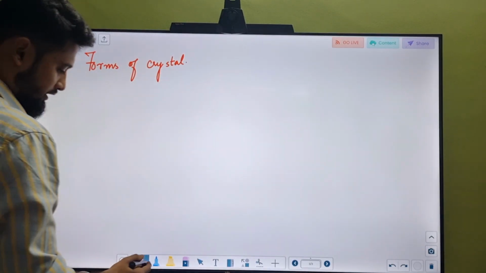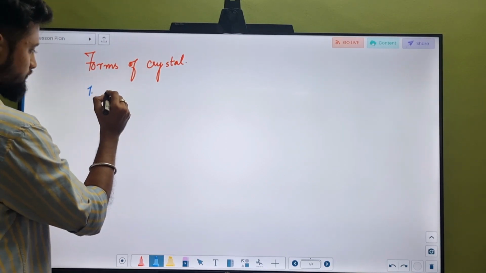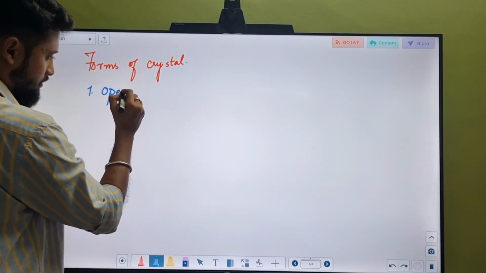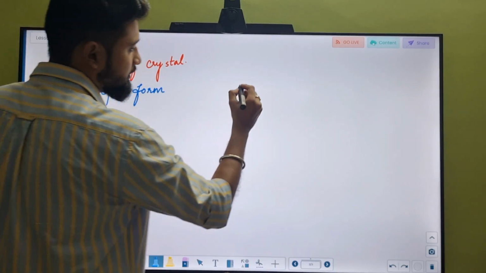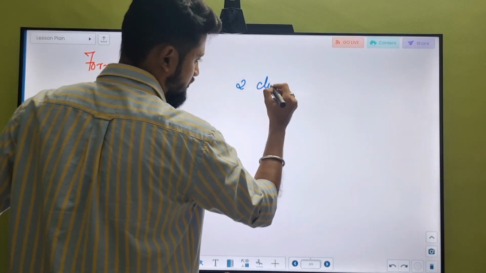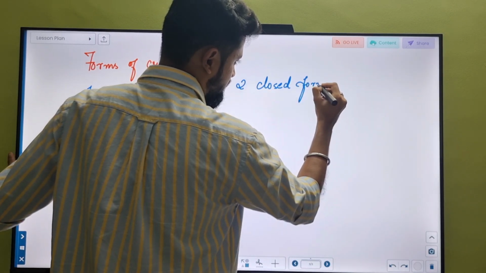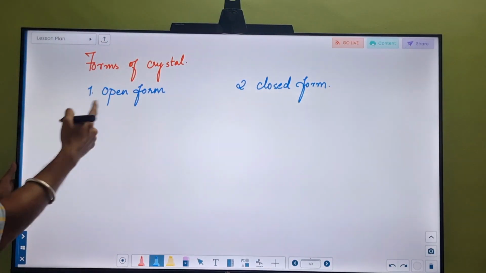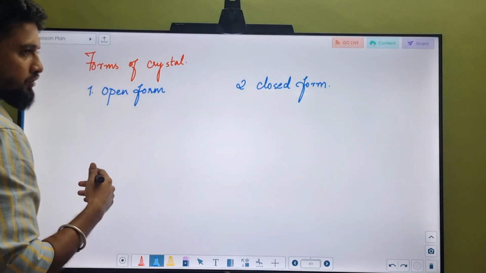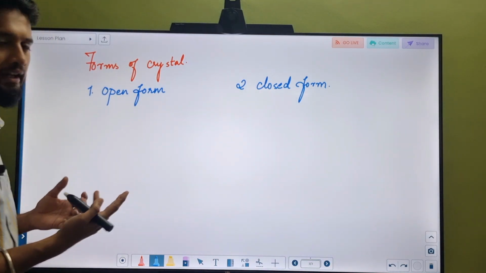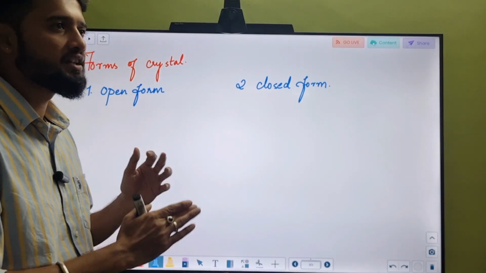it is basically divided into two types. One is the open form, and the other one is the closed form. So now, what is open form and what is closed form? In open form, we usually call a mineral where the crystal surfaces are not developed, or the crystal is underdeveloped.